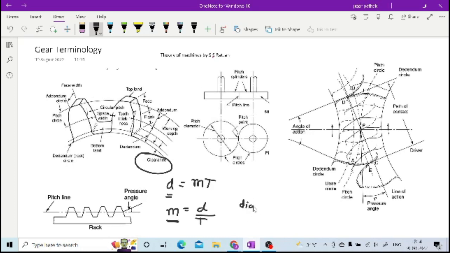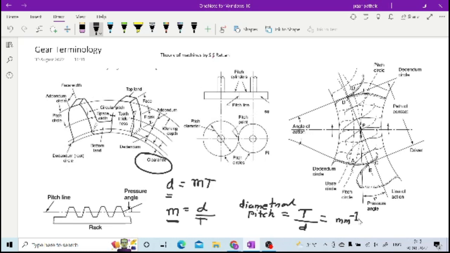Diametral pitch is also an important terminology, which is the number of teeth divided by the pitch circle diameter. So diametral pitch tells how many teeth are there in a particular length. But as you can see, the unit of diametral pitch comes out inverse.